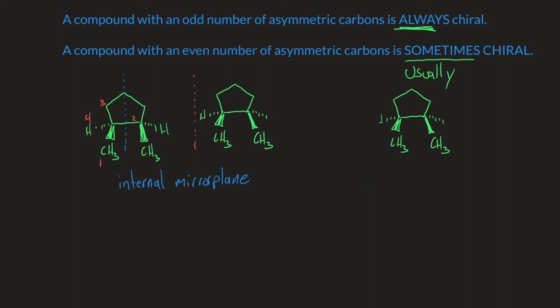This structure is called a meso structure because it has asymmetric carbons, but it is not chiral. So the ultimate test for chirality is: is it superimposable with its mirror image? If it is not superimposable with its mirror image, it is chiral. If it is, it is achiral.